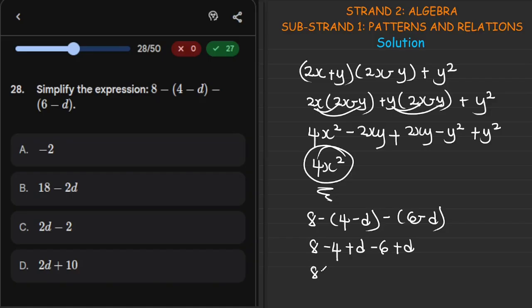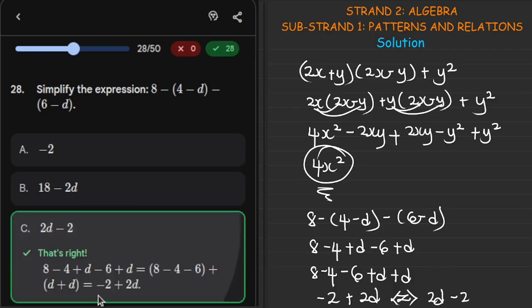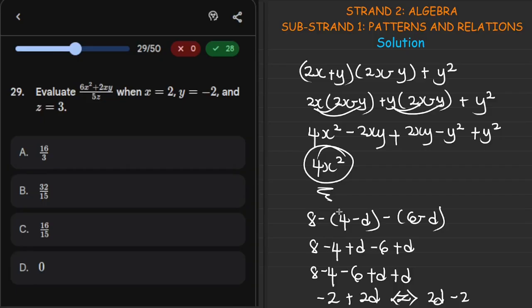We have 8 minus 4 minus 6 plus d plus d. 8 minus 4 gives us a 4. 4 minus 6 gives us a negative 2. We have a negative 2, then plus 2d as our answer, which can also be written as a 2d minus 2. Any of this is correct. And that is our C we have over here.